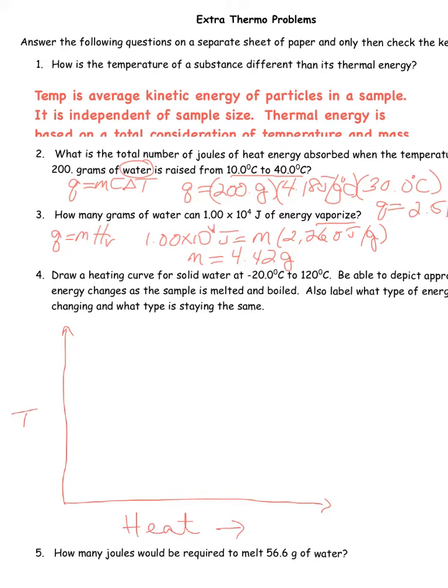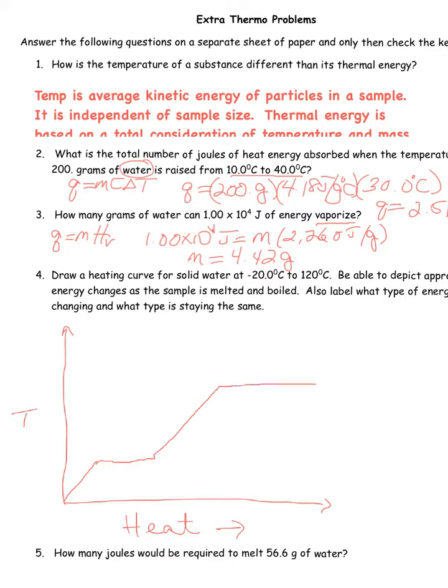That water is going to be a solid, and we're going to have to increase its temperature, giving us the slanted line, until it hits its melting point at 0 degrees Celsius, in which case our line is going to flatten off as it melts. Then after all of that water has melted, it's going to increase its temperature again till it hits the boiling point. And then it's going to boil.